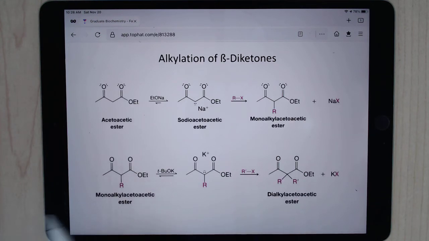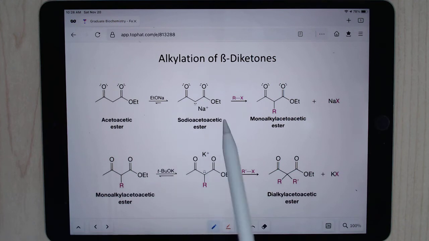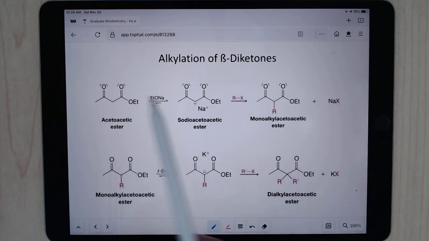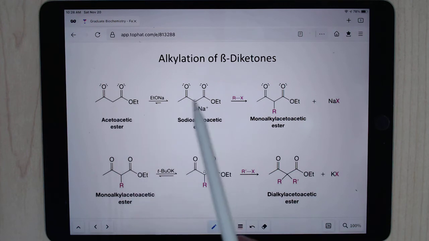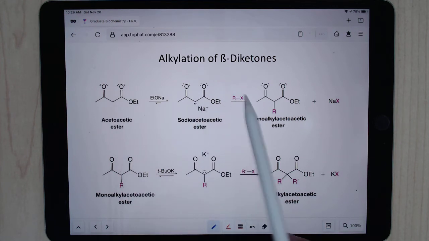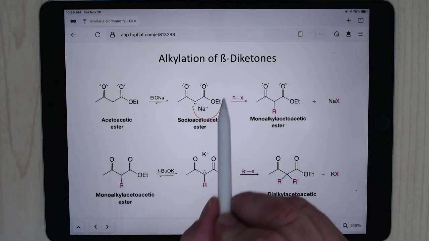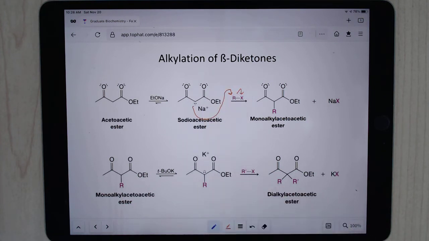Okay. Now, one of the things that can happen is, again, we can add some base, right, to make a carbanion. We can then come in and just do a nice SN2 reaction, right, so to here, kick away our halide, okay. But we can do this again, because remember, there's another hydrogen here.